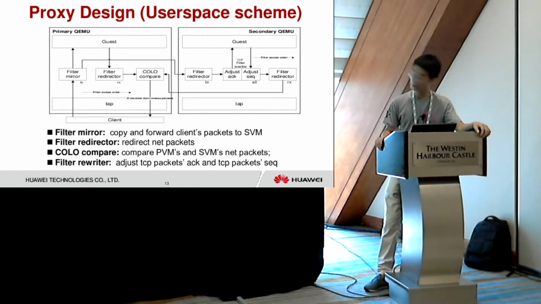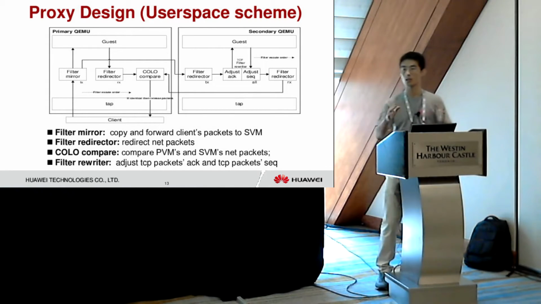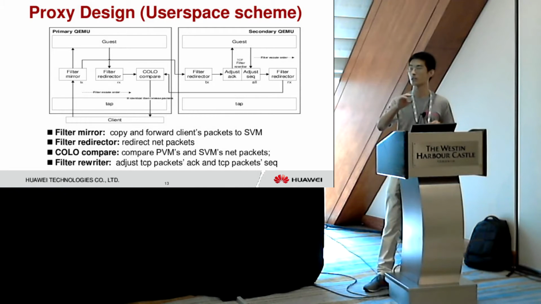The filter mirror is used to copy and forward the client's packets to the SVM, because in this architecture, the packets from the clients and the external network are only sent to the primary node. So we need components to copy and forward the packets to the secondary node. So here the filter mirror plugin achieves this purpose.